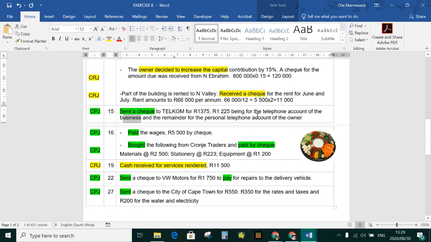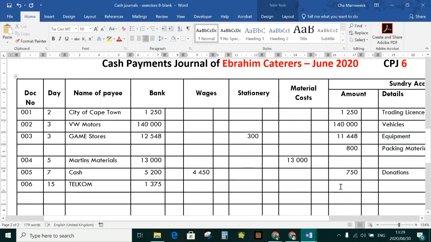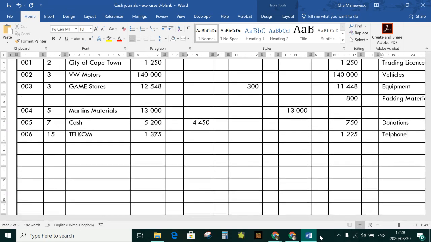So that's telephone. We have a look. We don't have a column for telephone, so it goes to sundry. 1,225 Rand. And that is for the business telephone account. Telephone. Okay, they have spelled telephone correctly.